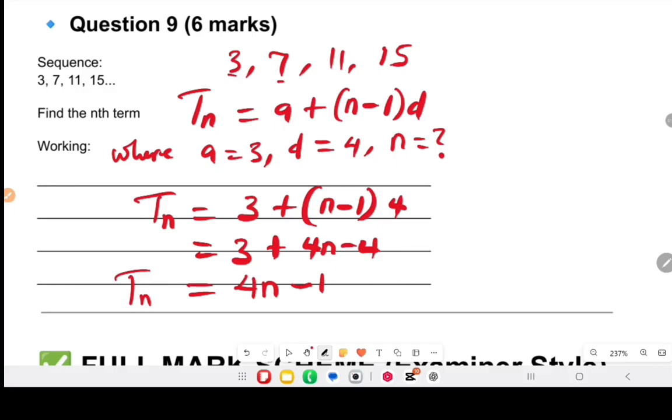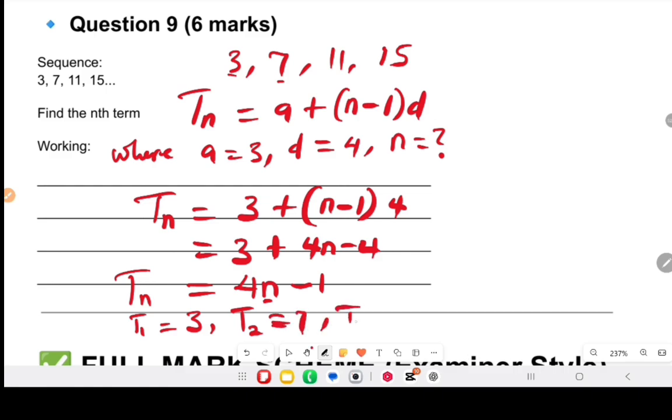To check if we are correct, when n is 1, which is the first term, T1, we put 1 in place of n, which is 4 times 1, gives us 4, minus 1 gives us 3. T2, put 2 in place of n, 2 times 4 gives us 8, 8 minus 1 equals 7.